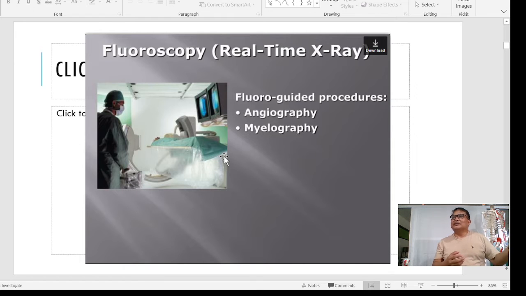It is magnified and can be seen on the monitor screen. And again, it could be interventional. For example, placing a stent in the heart, or also in the brain. While the X-ray is being performed, they can place a stent. So it's a rather complicated procedure, because it reaches into your brain.